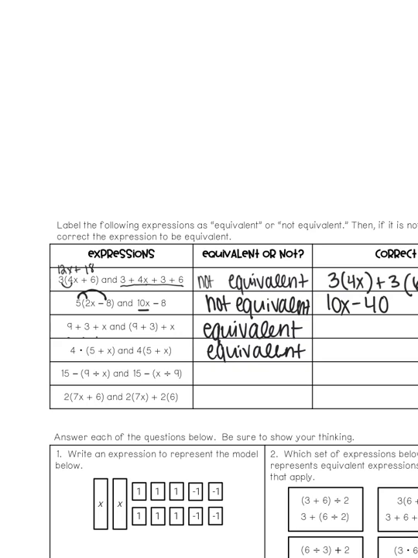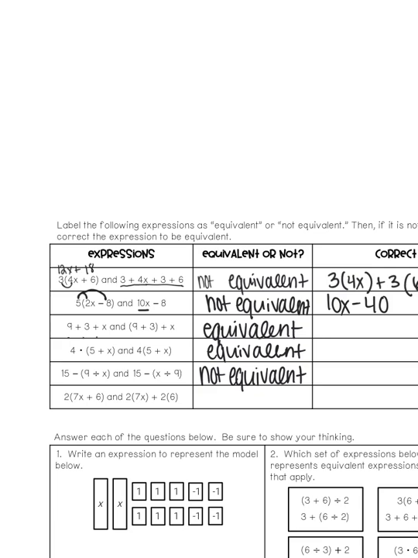you don't have to have that multiplication symbol if they're right next to each other. Okay? All right. 15 minus 9 divided by x and 15 minus x divided by 9. These are not equivalent because with subtraction and division, order matters. So when I change the order that I divided, 9 divided by x and x divided by 9 are not the same thing.